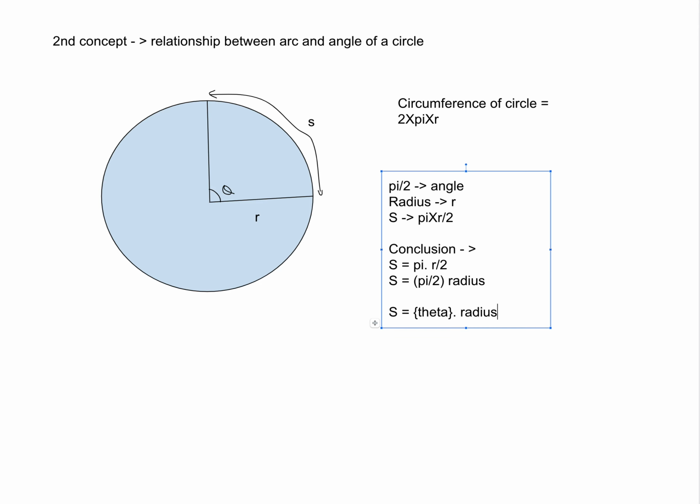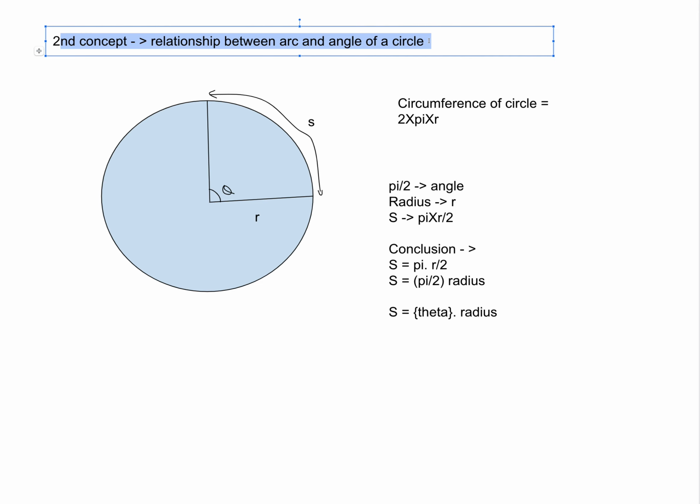The length of the arc is equal to theta, which is the angle, multiplied by the radius basically. So this is how you deduce this particular formula. This is the second concept. This second concept helps you to understand the relationship between the arc and angle of a circle, and also the radius of the circle.